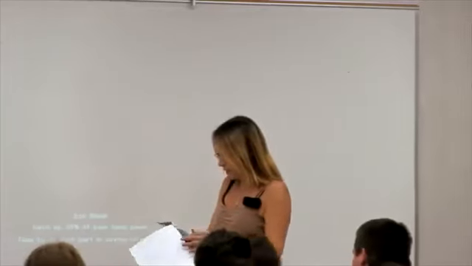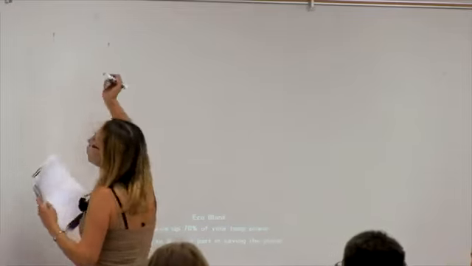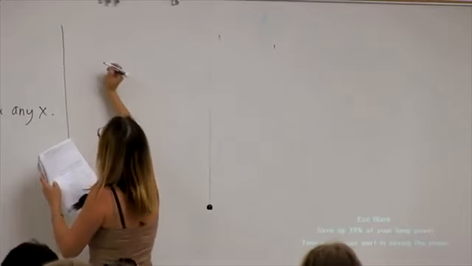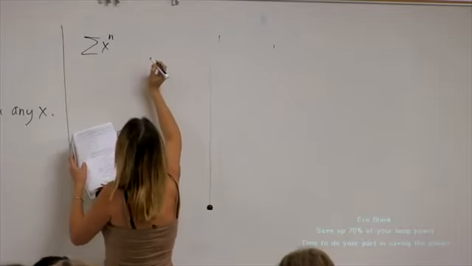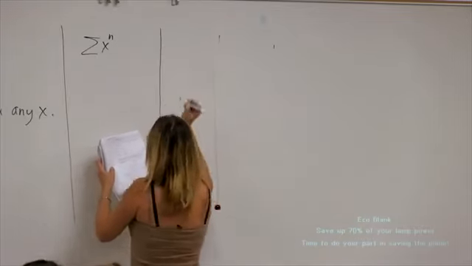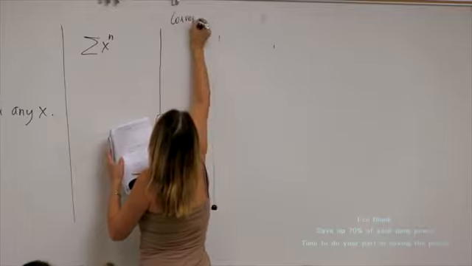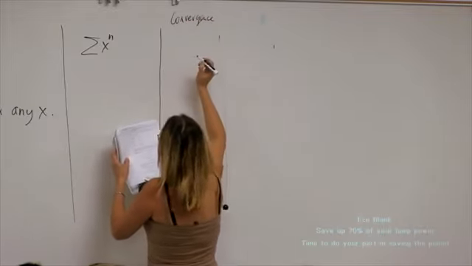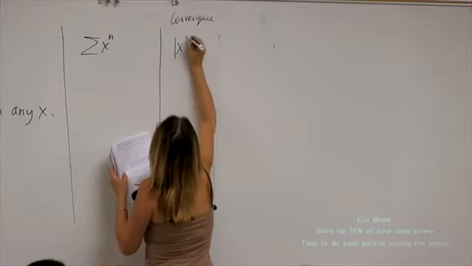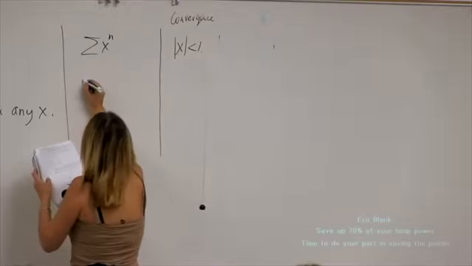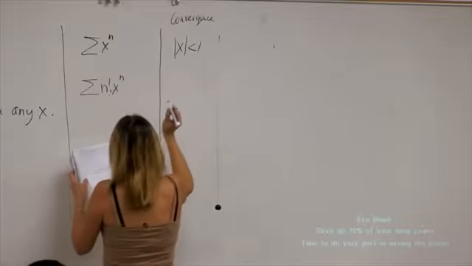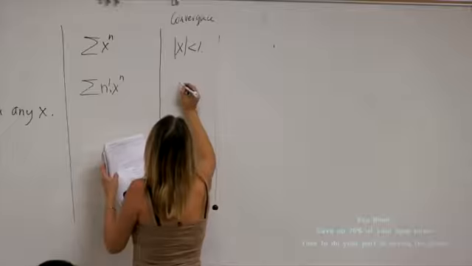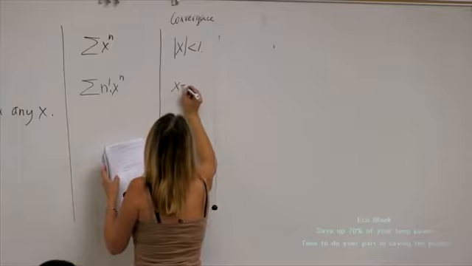So let me give you a log of what we have done. We have looked at several examples. First, it was x to the n, and convergence was for x less than 1. The next example was n factorial x to the n, and it converges only for x equals 0.